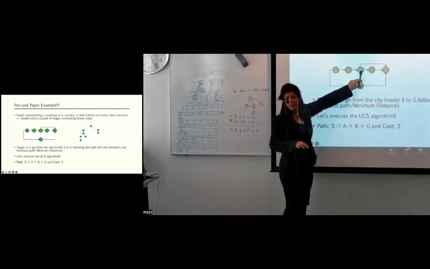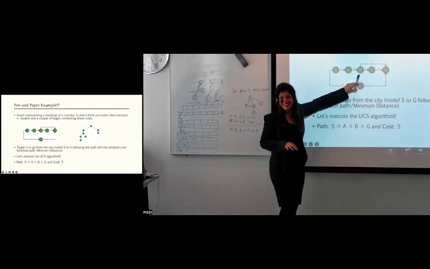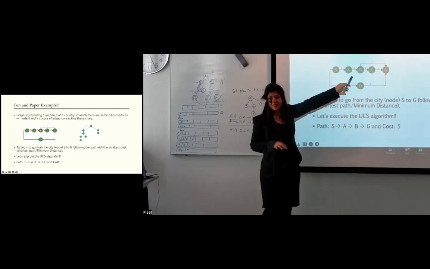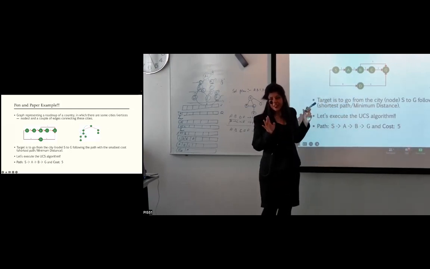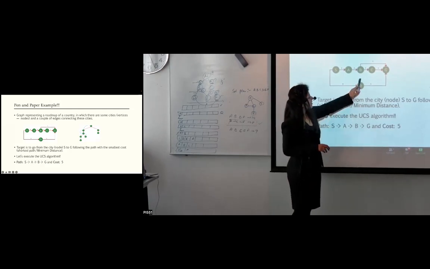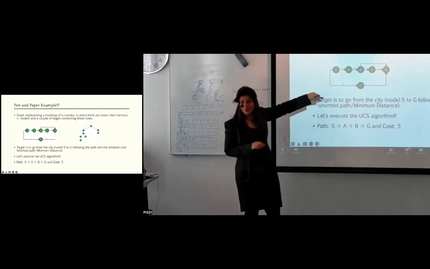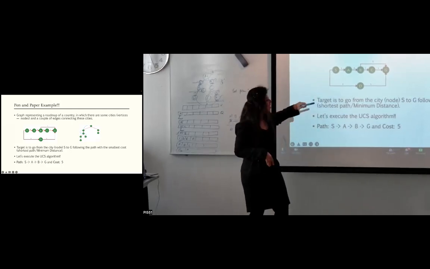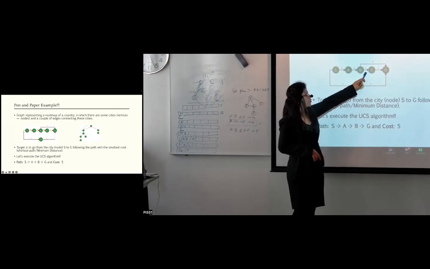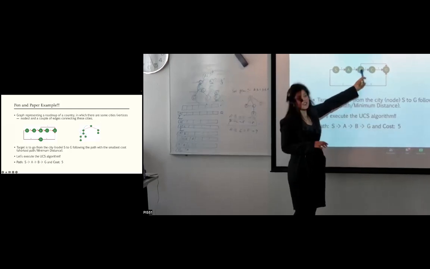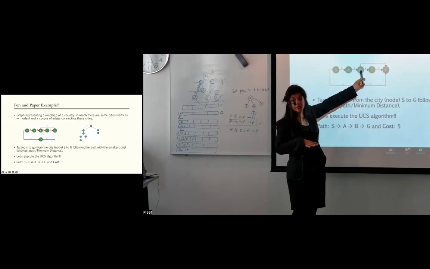Are both equal? Both equal. We are intelligent, but algorithms are not so intelligent. Definitely uniform cost search is not as intelligent as our brain. So it will go either this or this. It will calculate both ways.